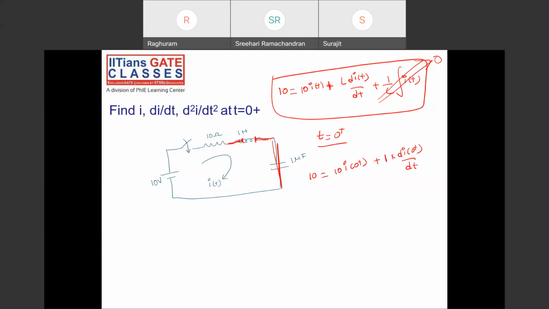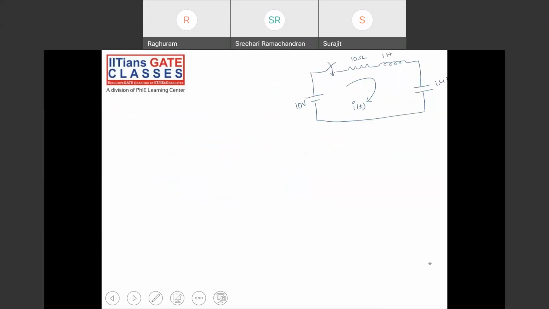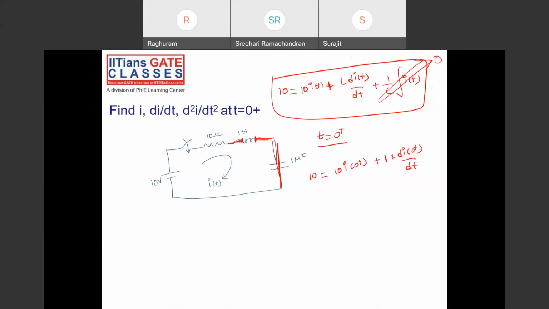Also at t equal to 0 plus, current is 0, so I of 0 plus is 0. So 10 is equal to di of 0 plus by dt, or di by dt at t equal to 0 plus is 10 amperes per second.